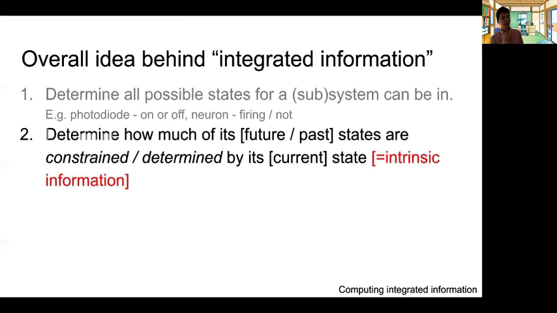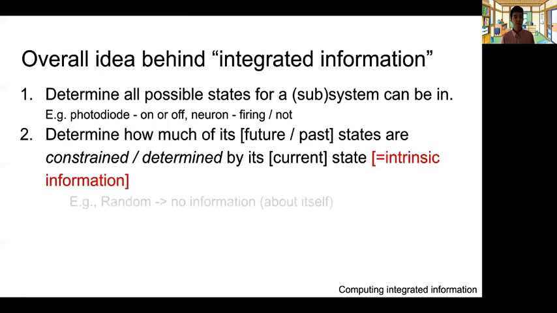And then the next step is to determine how much of its future or past states, these subsystem states, are constrained or determined by its current state. And this is what we call intrinsic information: how much the current state of the system knows or predicts about future and past states. That's what it means to be intrinsic, from the inside perspective, how much it knows about itself.